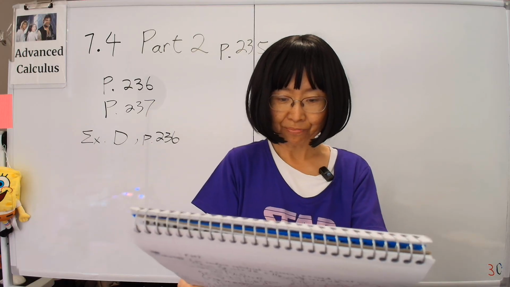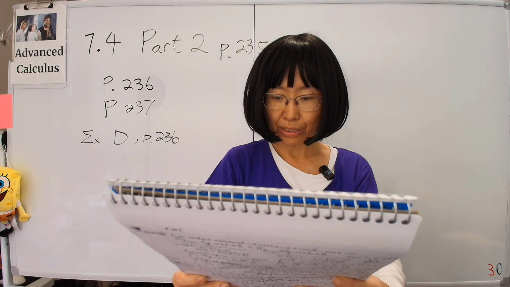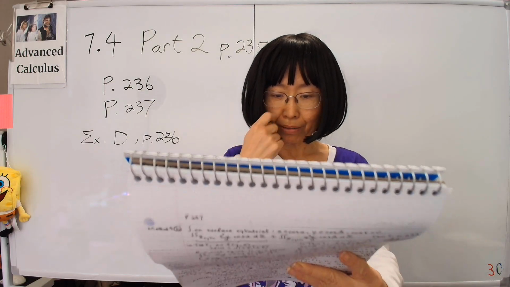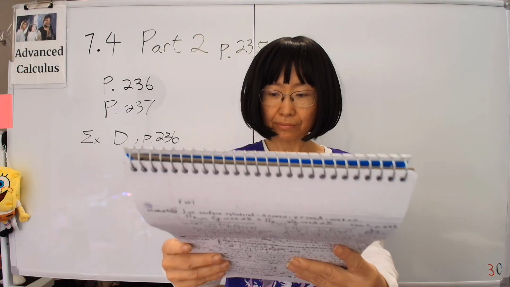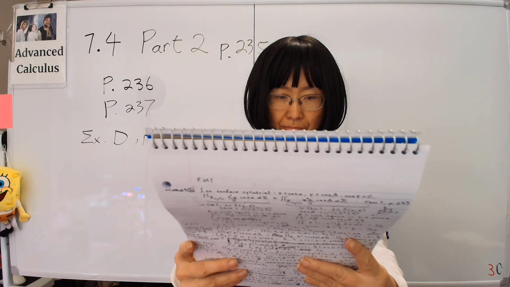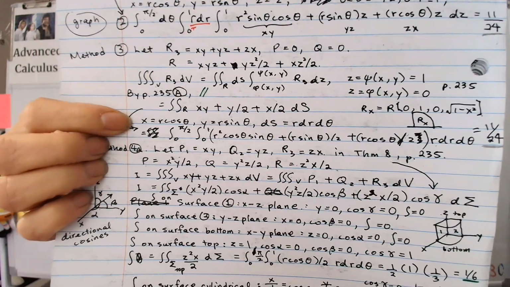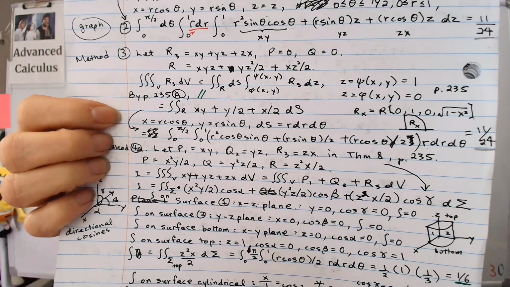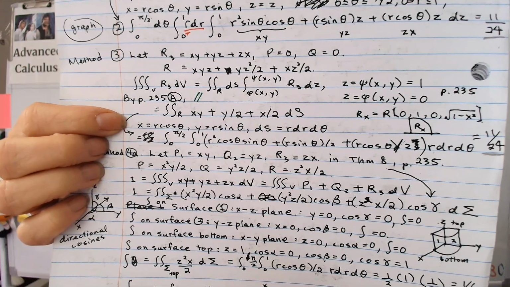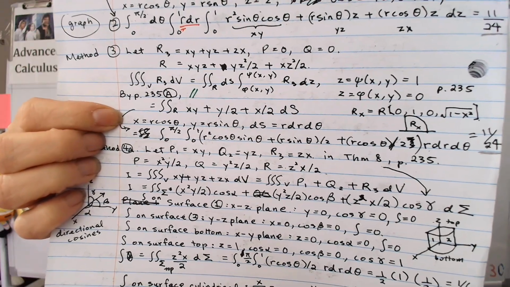Okay, here's better. Now the next step is we need to plug in... yeah, I got it. So we have the formula down. We just have to plug in the cylindrical coordinates, which is r cosine theta, r sine theta, and ds is r dr d theta.